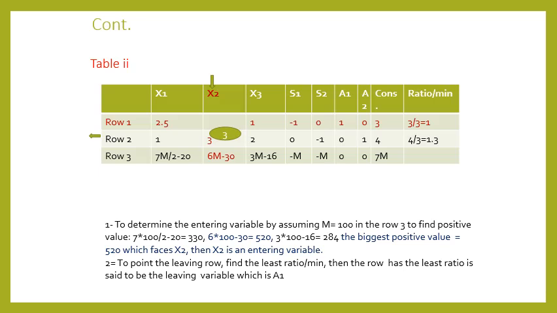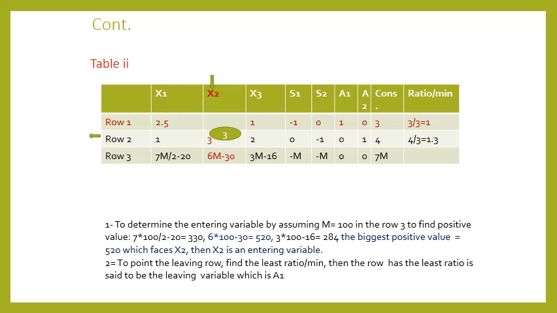The second step is to point the leaving row. To point the leaving row, just look at the column of constants and the column of x2, the entering variable.